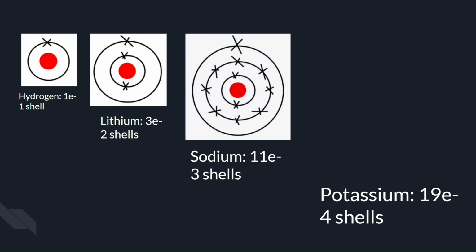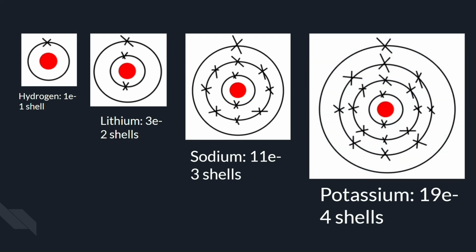While sodium, we've got 2 electrons in the innermost shell, 8 electrons in the second shell, and 1 electron in the outer shell. So we realize that the second shell has 8 electrons, because except for the inner shell, the other shells can only fit 8 electrons maximum.